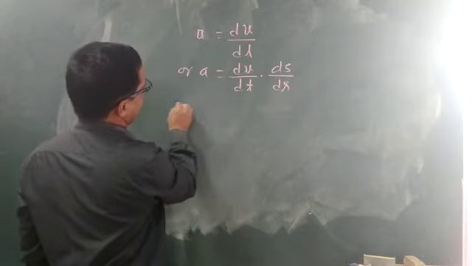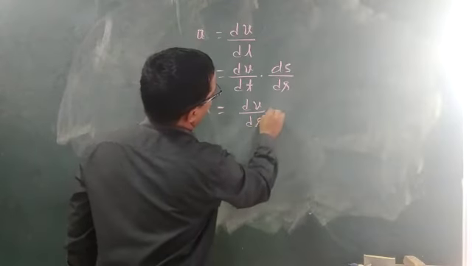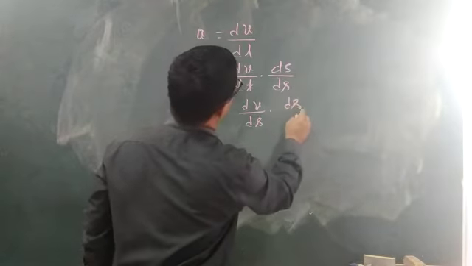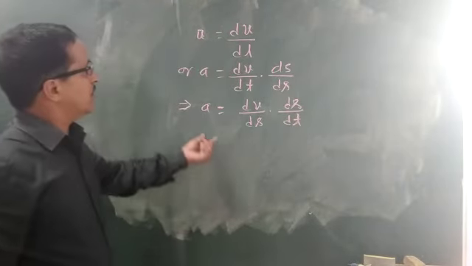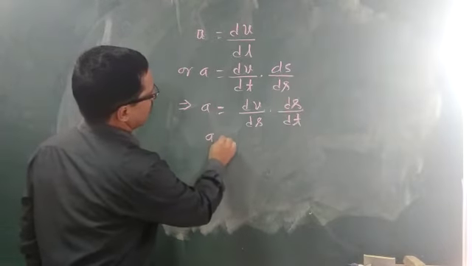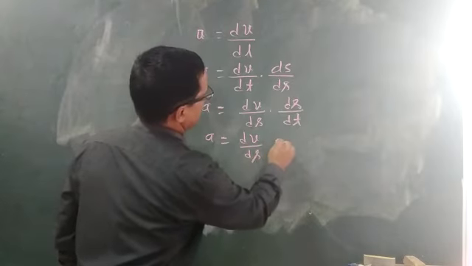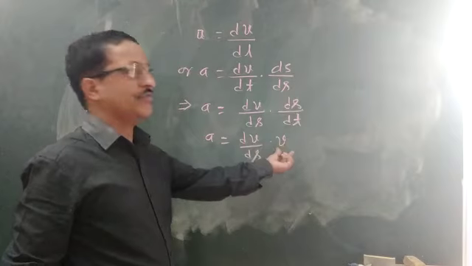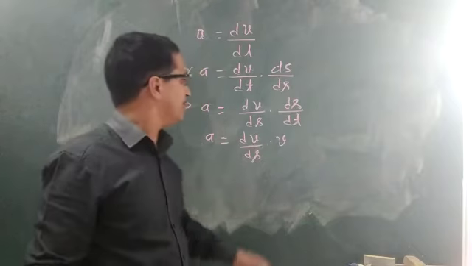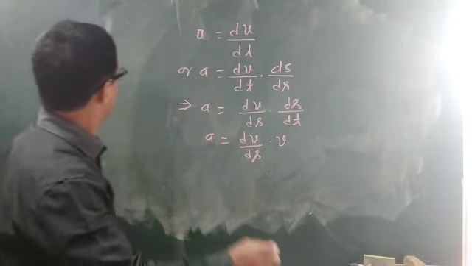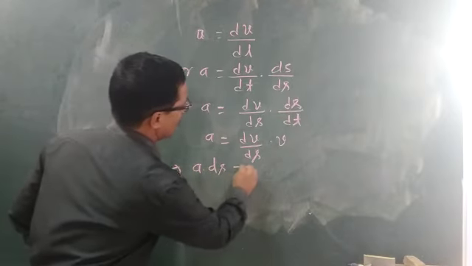On rearranging it, we get a equal to dv upon ds into ds upon dt, which gives us a equal to dv upon ds into v, where v is ds upon dt, the instantaneous velocity of the given particle. Cross multiplied, we get a ds is equal to v dv.